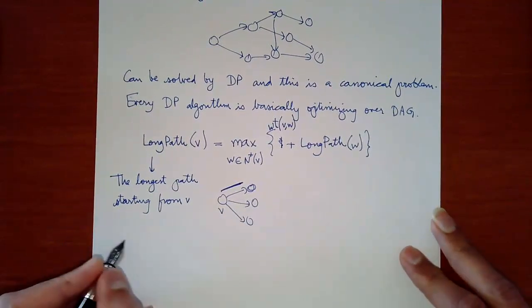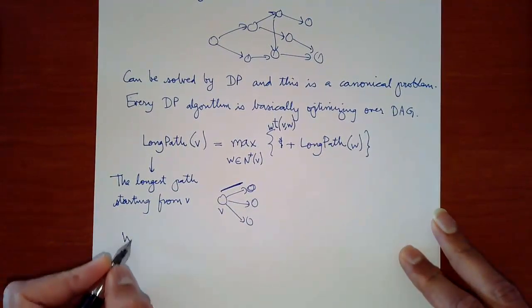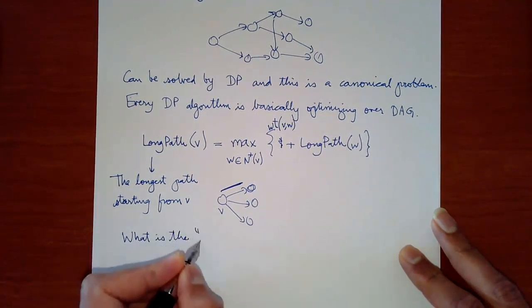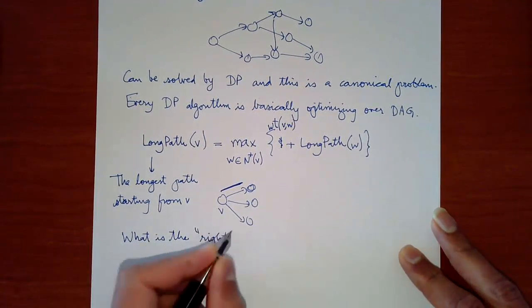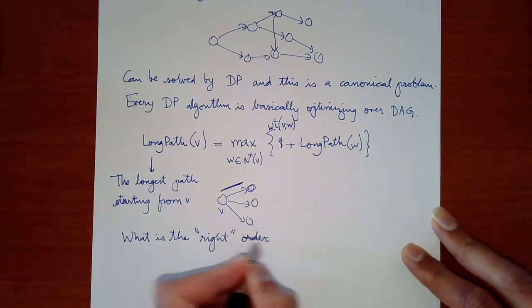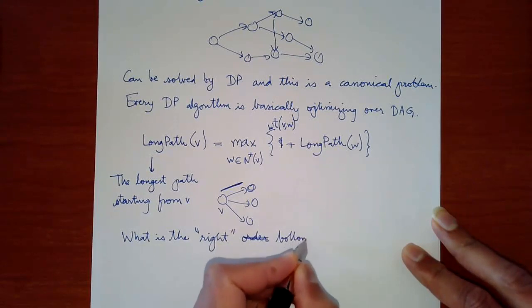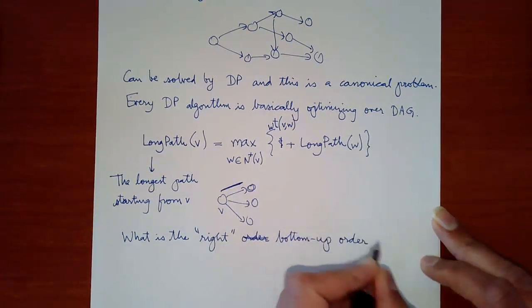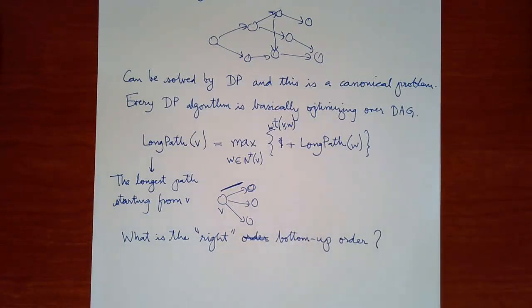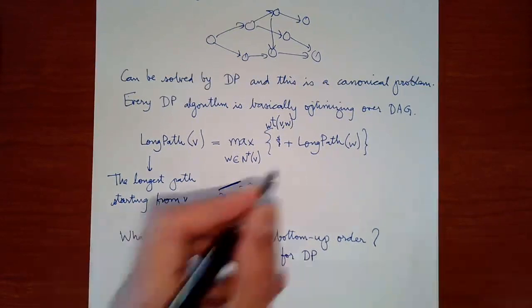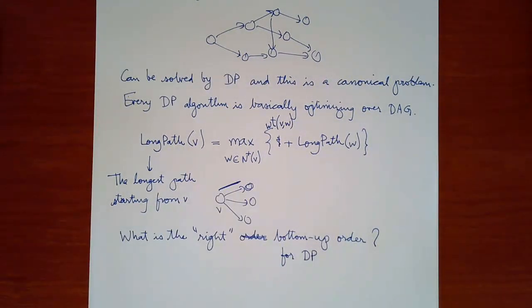So now the question is, what is the right bottom-up order for the dynamic program? What is the right order in which you should solve these problems?